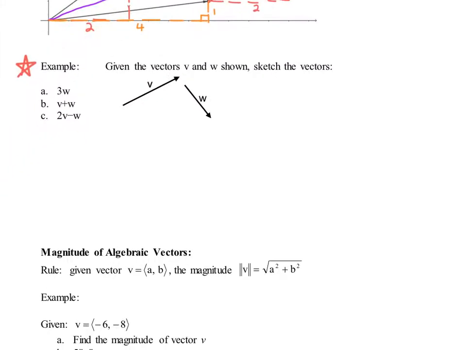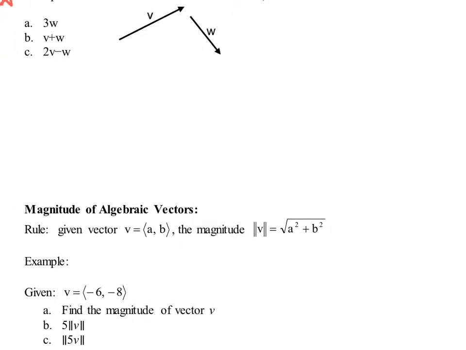So in terms of the notation, an acceptable alternative is to use the absolute value brackets, right? Because magnitude is really talking about the value of the vector.